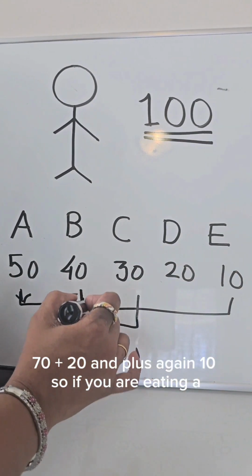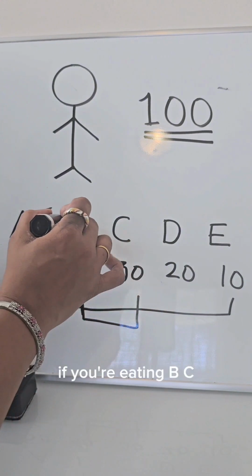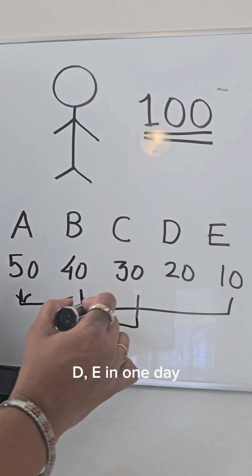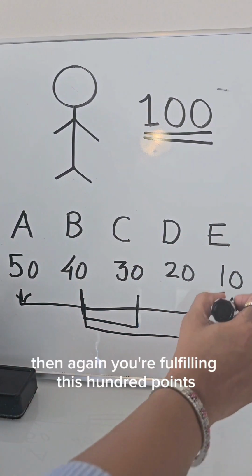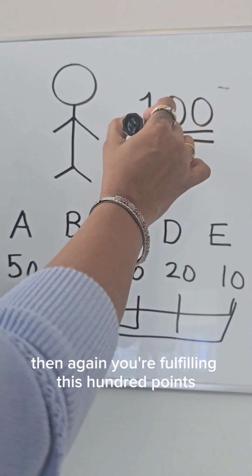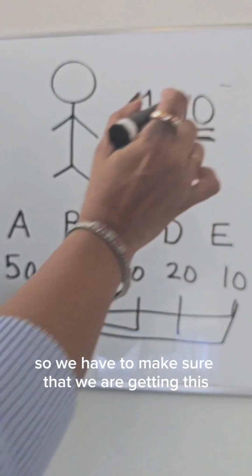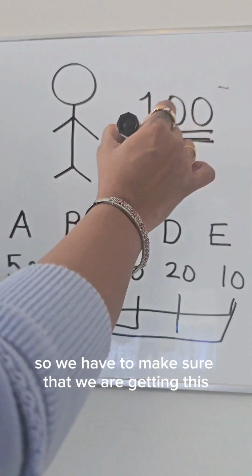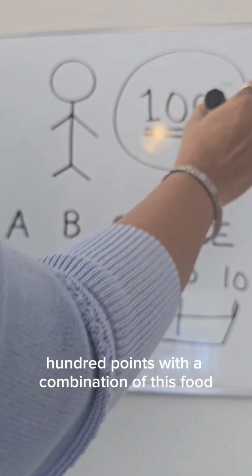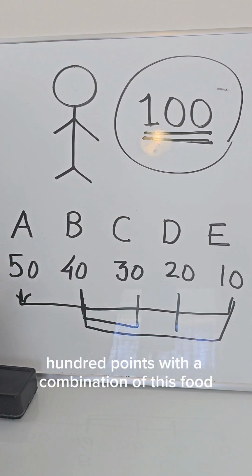So if you are eating B, C, D, E in one day, then again you are fulfilling this 100 points. So we have to make sure that we are getting these 100 points with a combination of these foods.